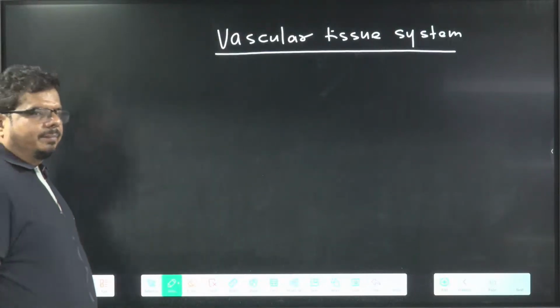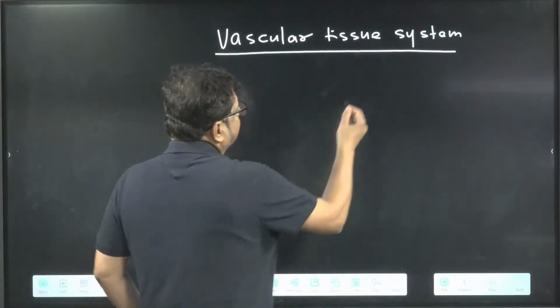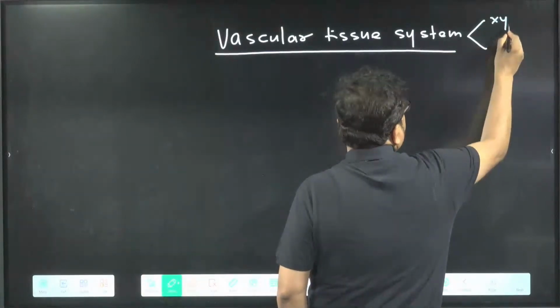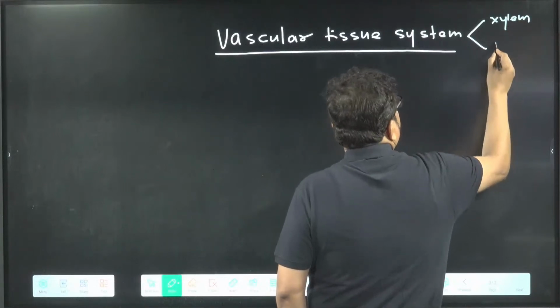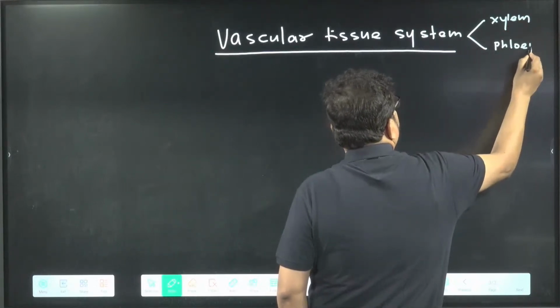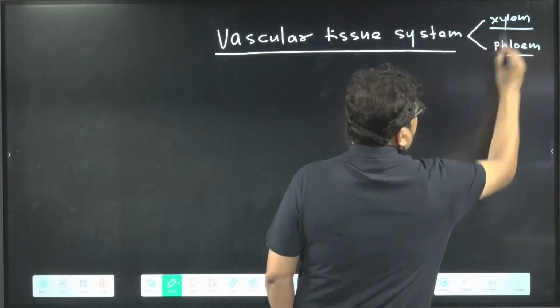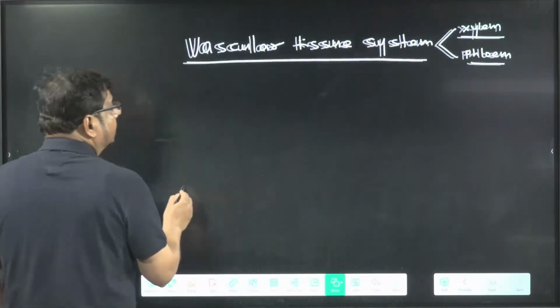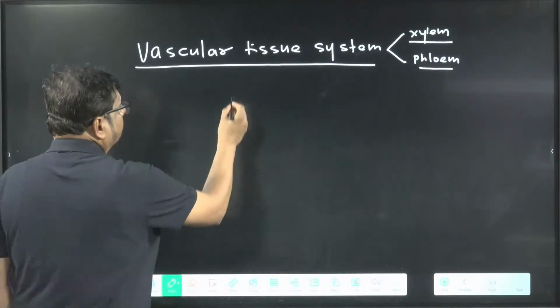If we talk about vascular tissue system, you better know it is of how many types? Two types. One is xylem, another is phloem. Xylem and phloem is the vascular tissue system. Is it clear?